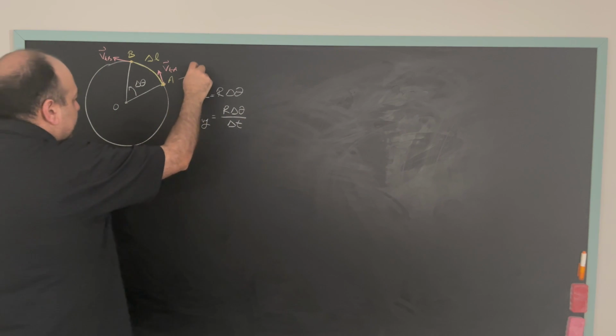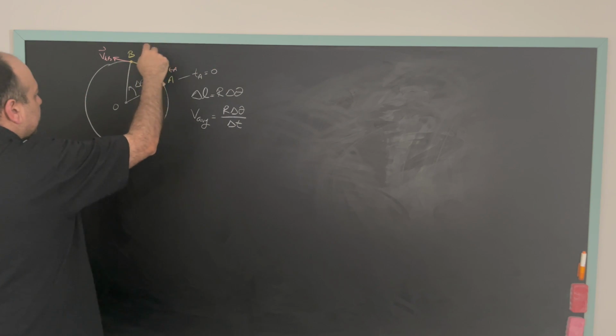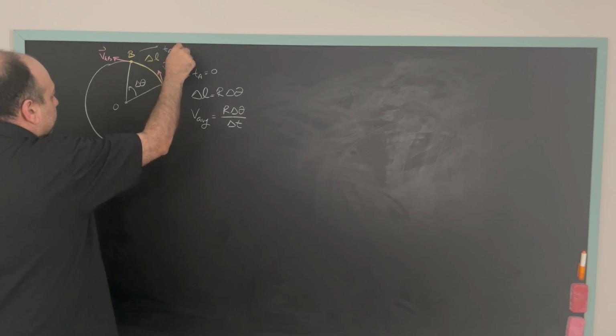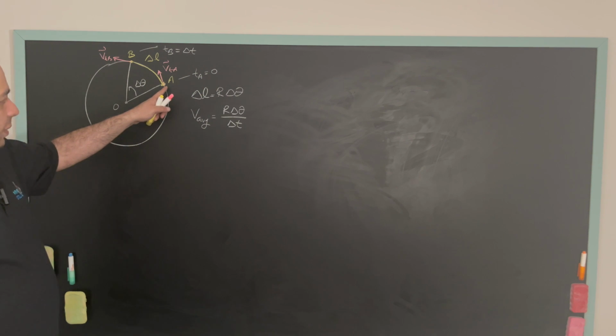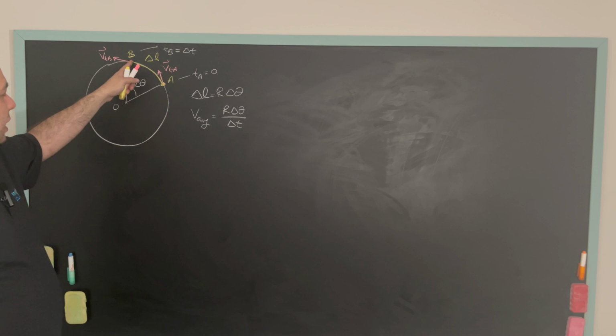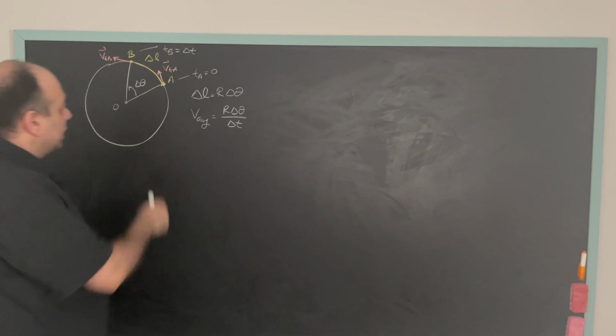The time it takes to go from A to B. Let's call TA equal to 0 and TB equal to delta T. So when time t is 0, I'm at point A. When time t is TB, which is delta T, I'm at point B. So this is my average speed as I move from A to B.